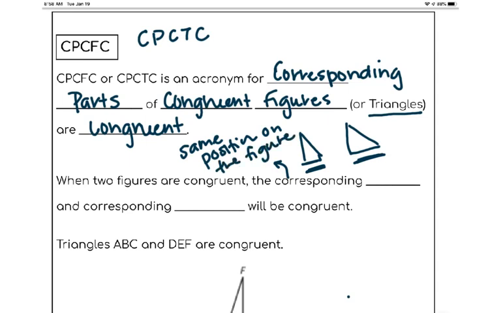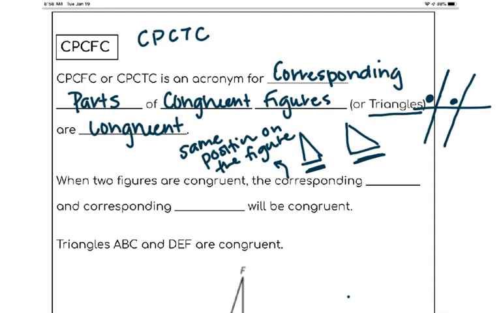Think back to when we talked about corresponding angles: we had two parallel lines and a transversal between them, and corresponding angles were in the same position on the figure.